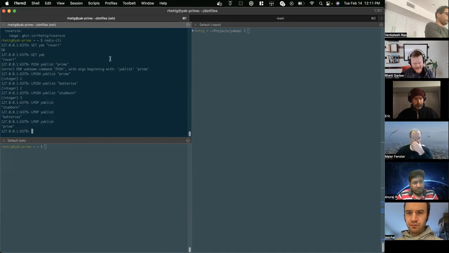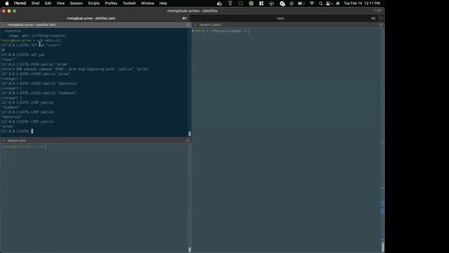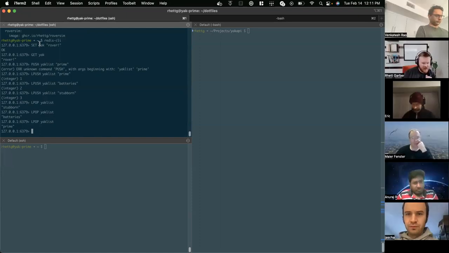So what I ended up doing, and again, this is running on Yak Prime, the VM that I set up that was going to act as a fake rover, a simulation of a rover. I don't have any of the hardware that might be needed for the Unity-based or NVIDIA-based full-on simulation.